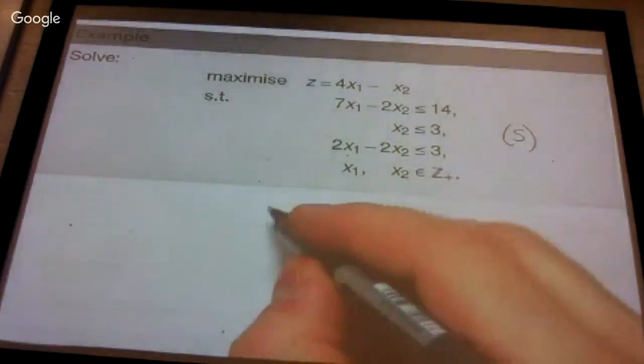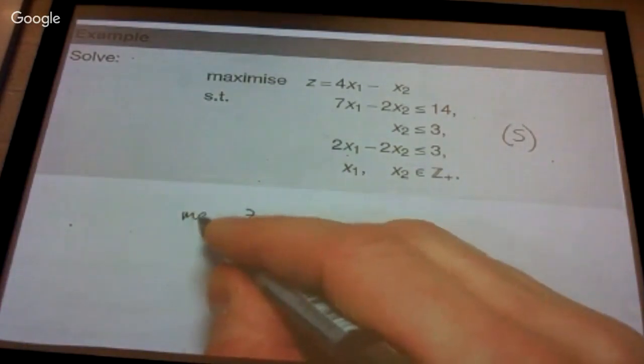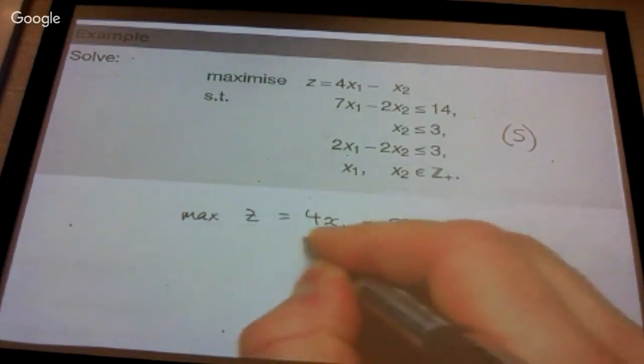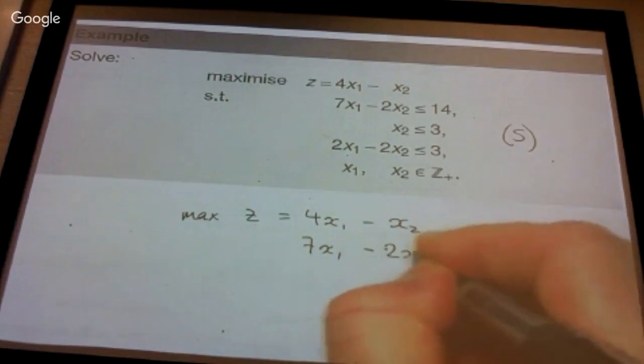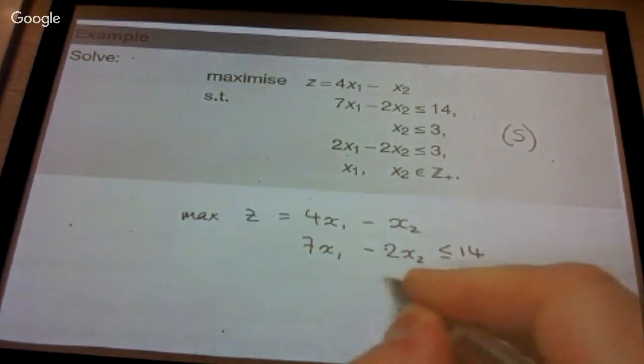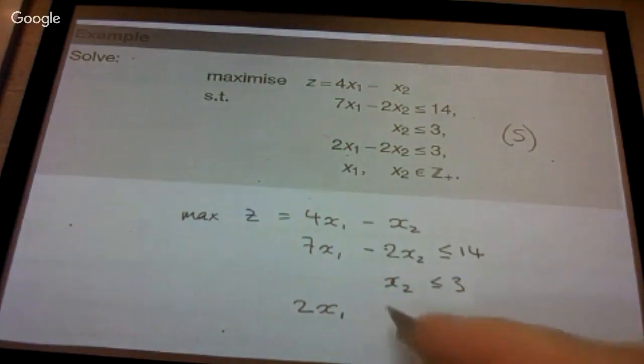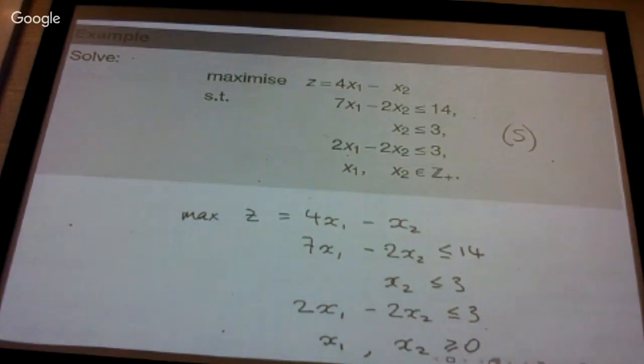Then we can write a similar problem, which is to maximize, which is the same problem, more or less. And I'll call it down. Can you spot the difference?